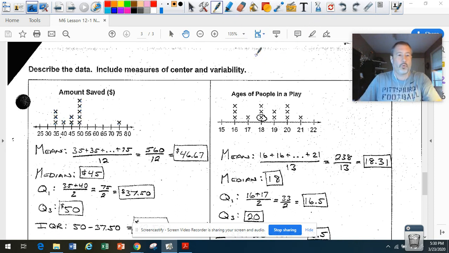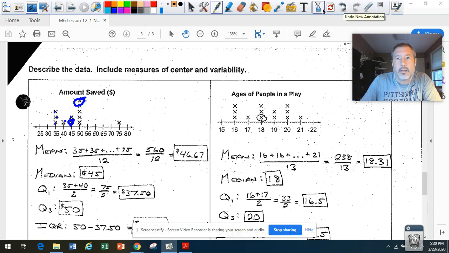So then we have to go through our median. So once again, we're dealing with 12 here. So we're dealing with numbers 6 and 7. So if we look here, 1, 2, 3, 4, 5, 6 and 7. Okay, so the median is going to be 45 plus 50. Oh, wait a second here. Maybe Mr. Spencer made a little mistake here.